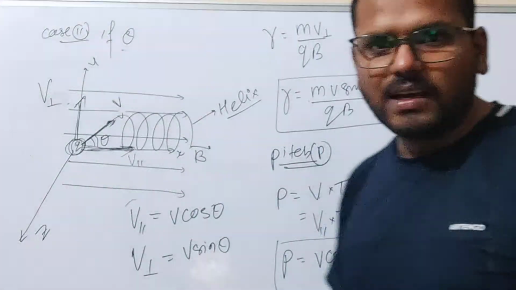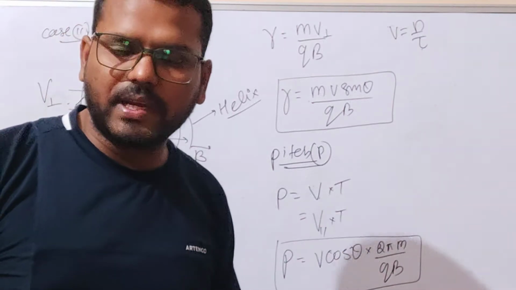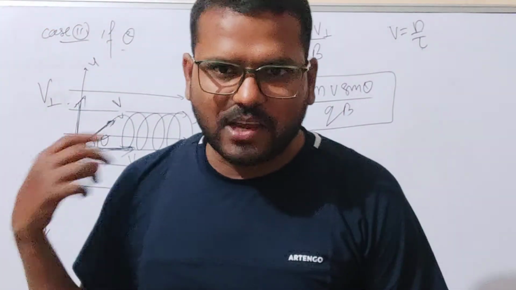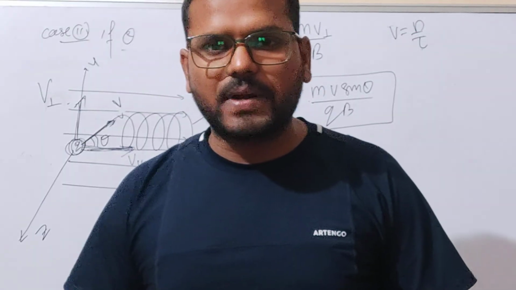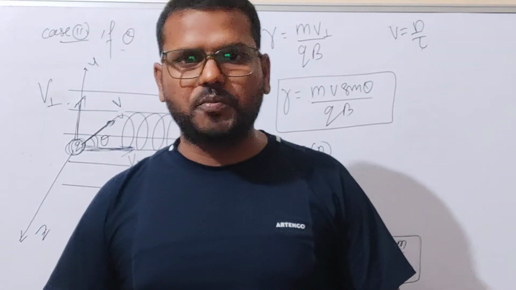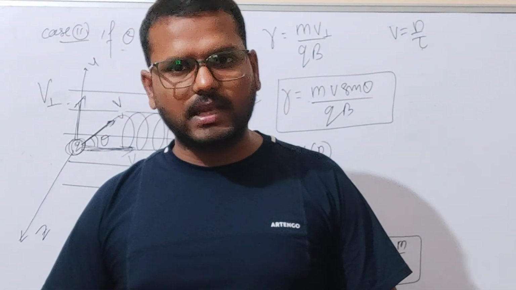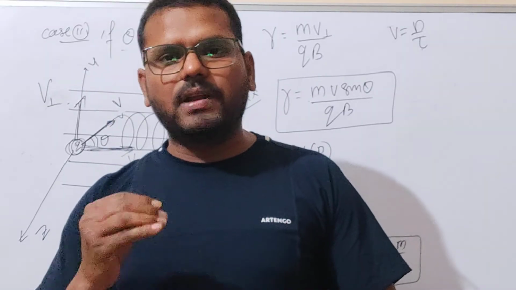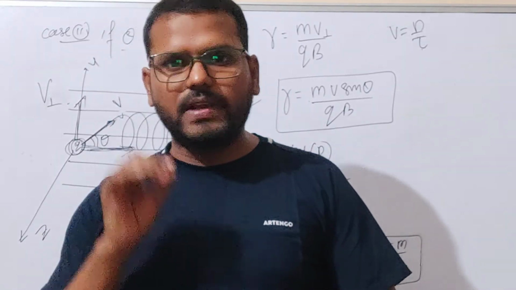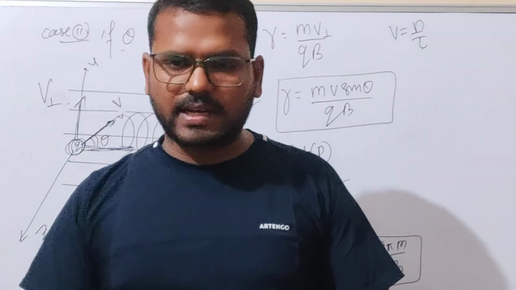So these are the topics of a charged particle moving in a magnetic field and acquiring different paths. We have seen the force acting on the particle, Fm is equal to q v cross B, that is qvB sin theta. When the particle is thrown along the magnetic field, the force will be 0 and the path is a straight line.